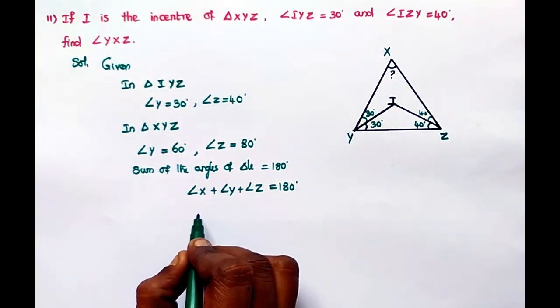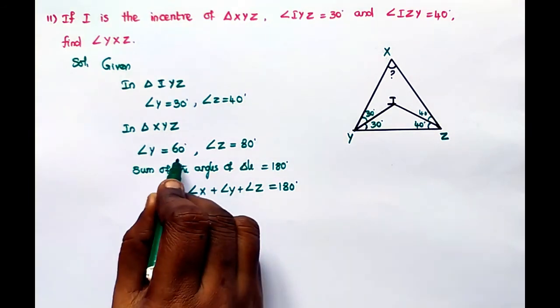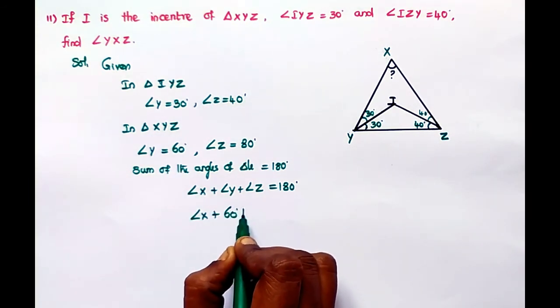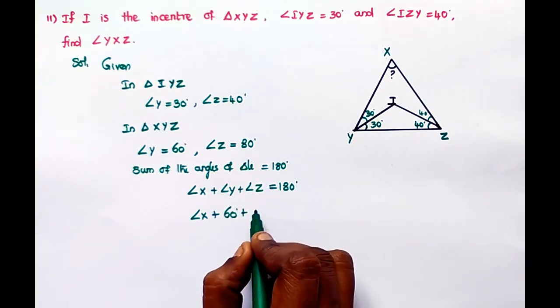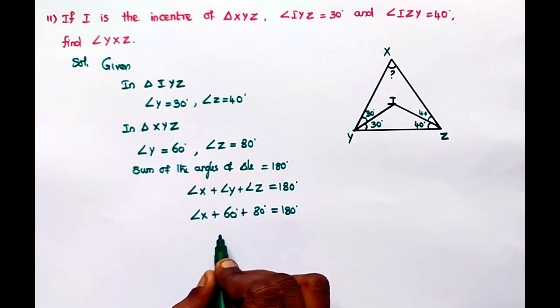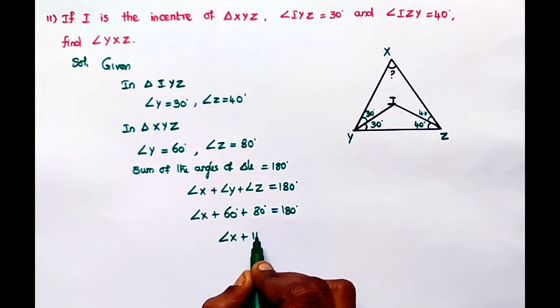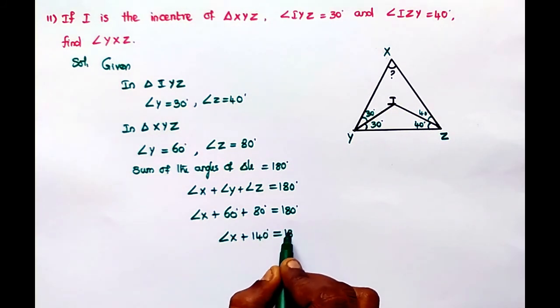Now angle X we don't know, plus angle Y equal to 60 degree plus angle Z equal to 80 degree equal to 180 degree. Now 60 plus 80, 140 degree.